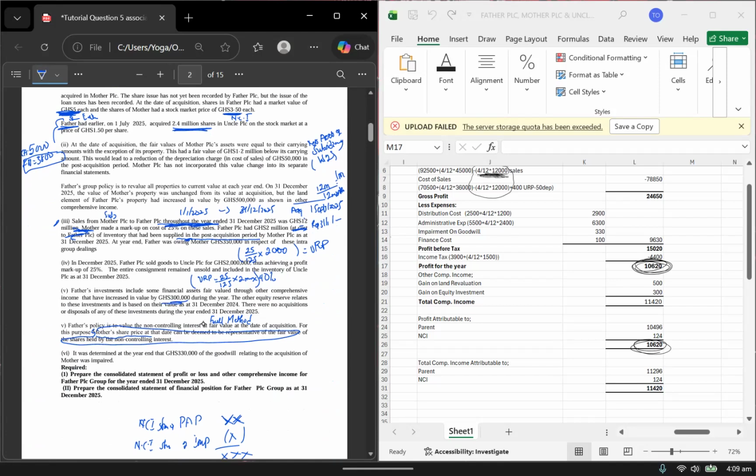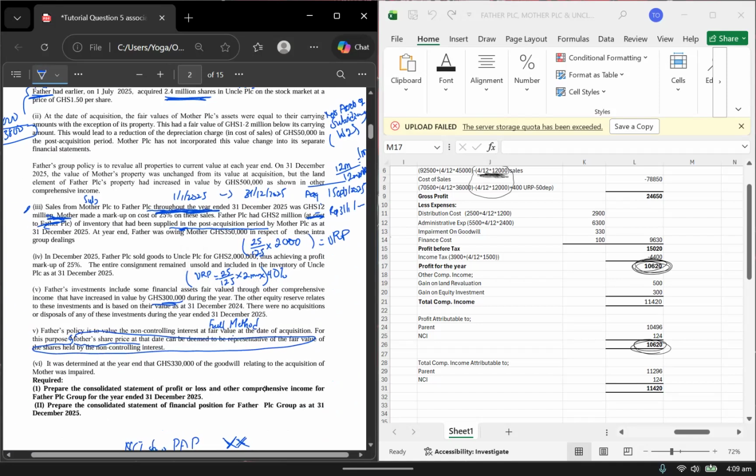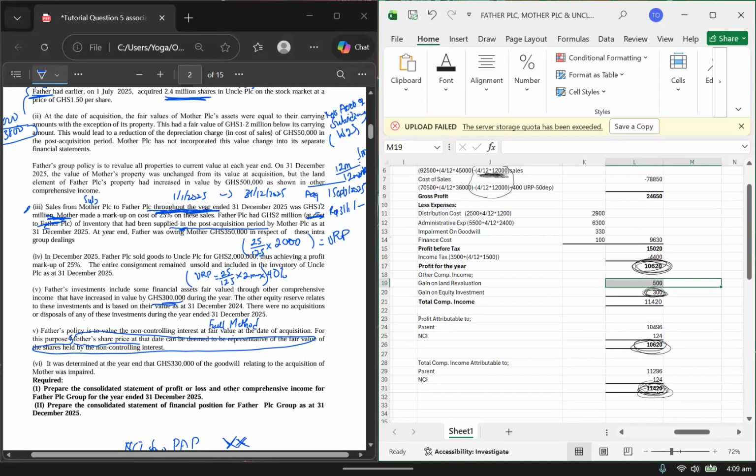So if there has been an increase of 300 in the fair value, you just bring it here, you add it as part of other comprehensive income. Okay, so you see that both of them are for the parent. It means that when you are sharing this total comprehensive income, this 500 and 300, no NCI, they will all go towards the parent.